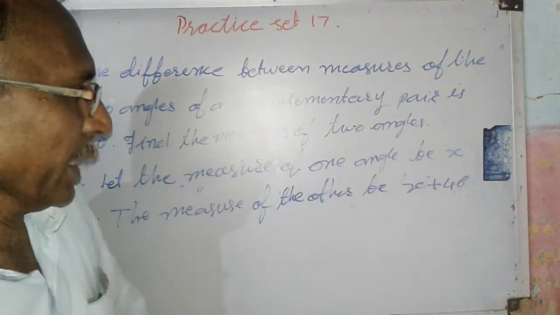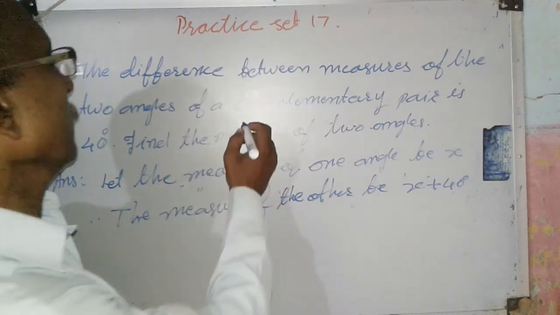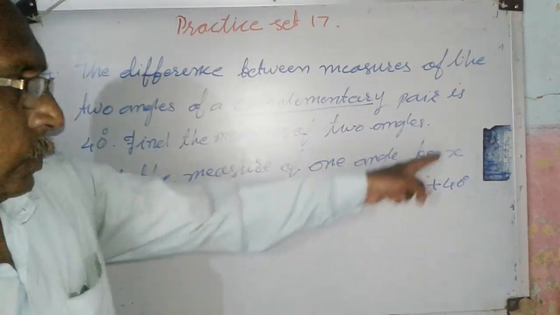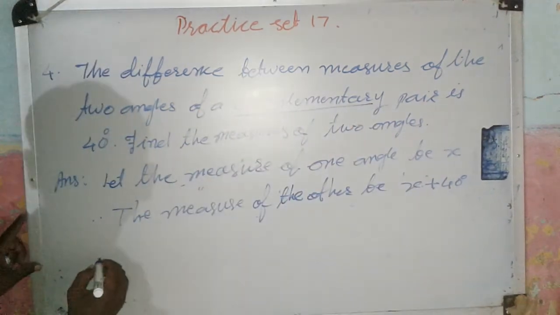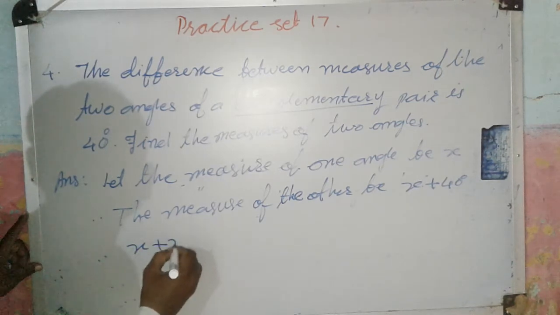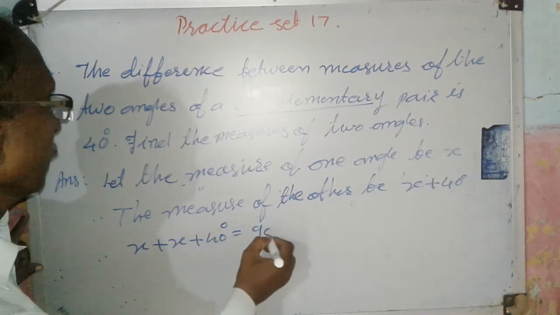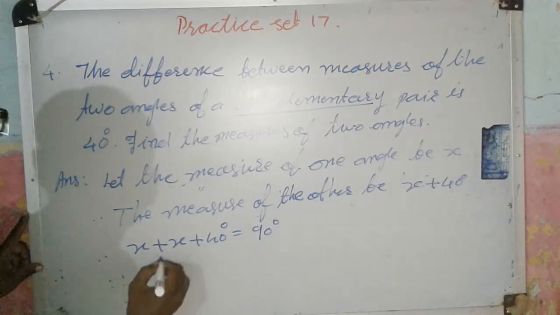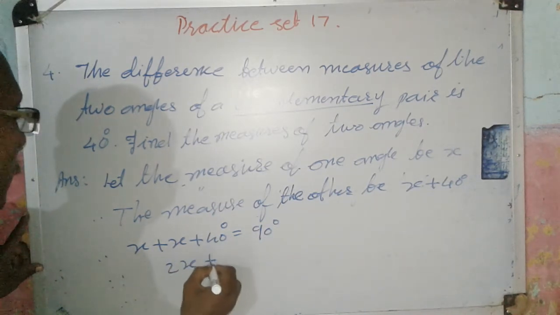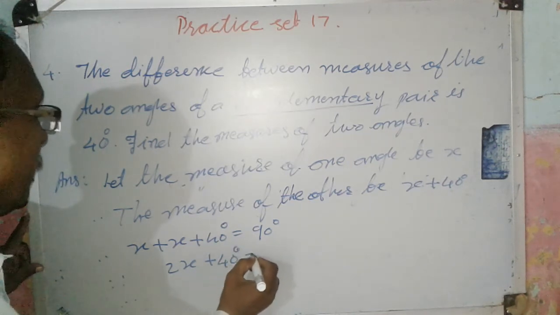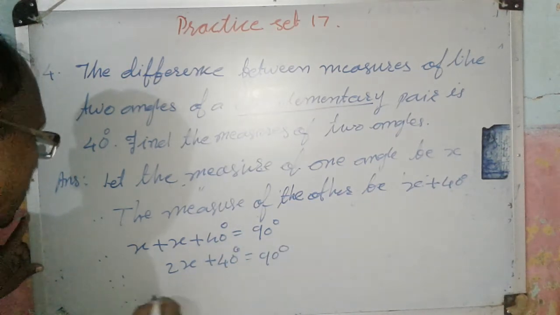Now these two are supplementary. Sorry, not supplementary, complementary. So the sum must be 90 degrees. And therefore, x plus x plus 40 degrees is equal to 90. And therefore, 2x plus 40 degrees is equal to 90 degrees.